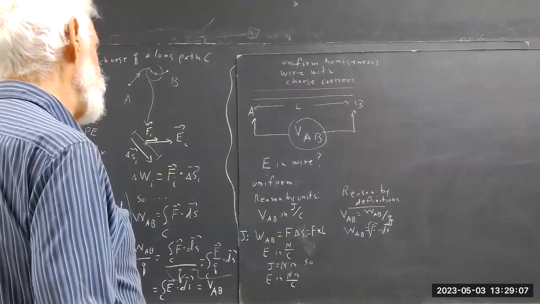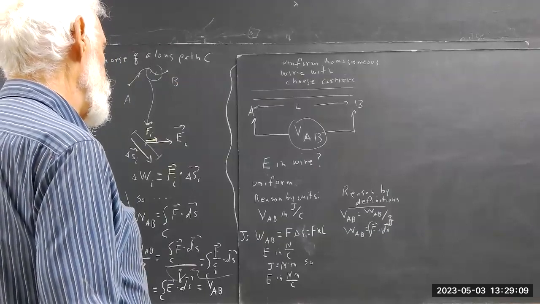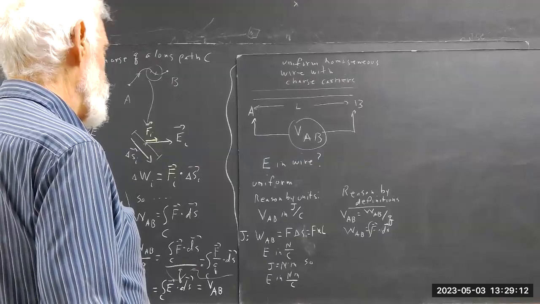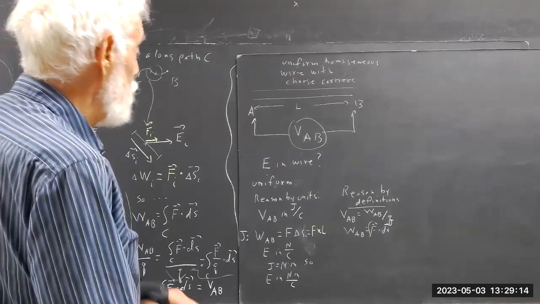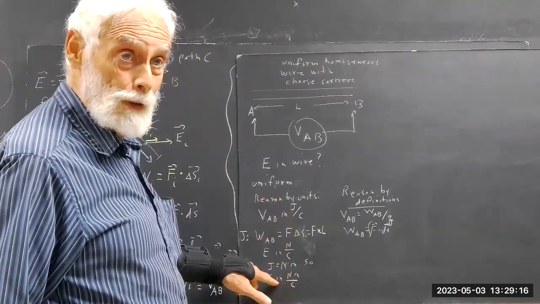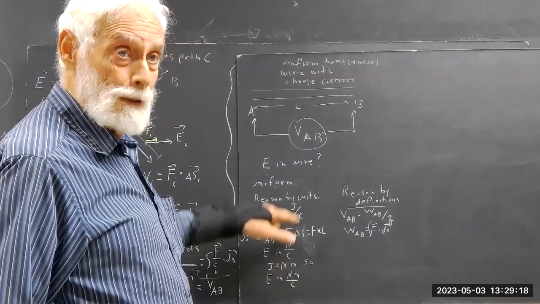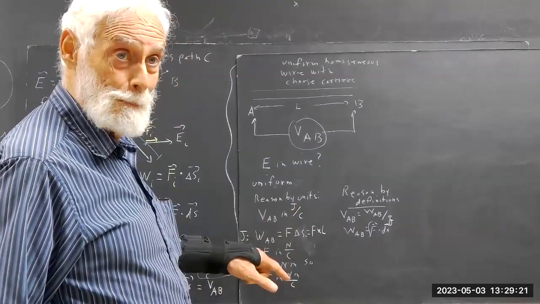And we can think about it. I think it just comes down to the voltage being joules per coulomb, electric field newtons per coulomb. You better divide the joules by the meters.